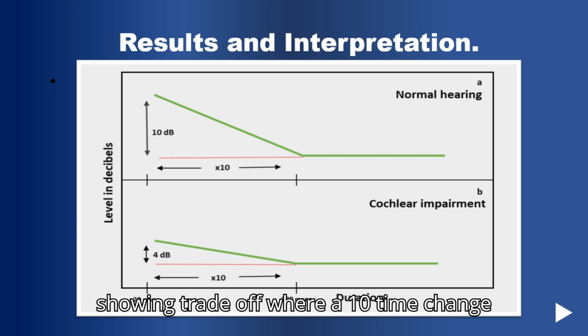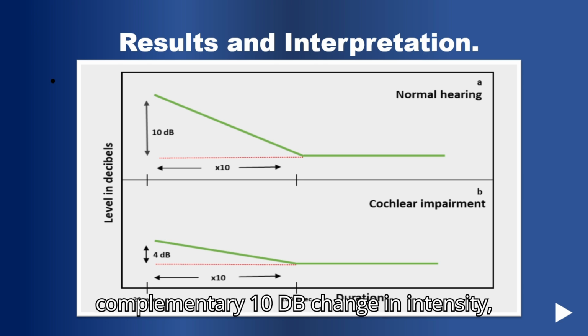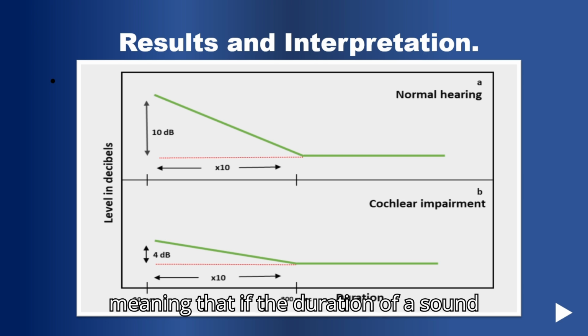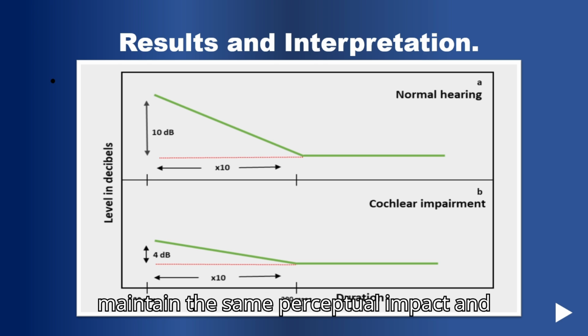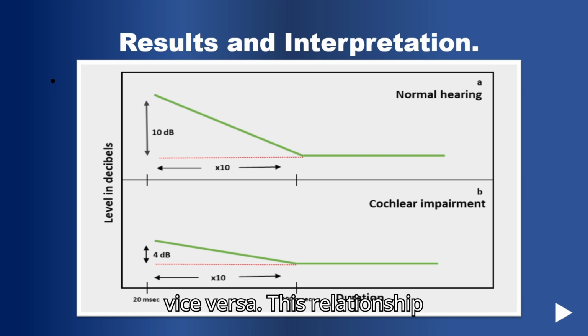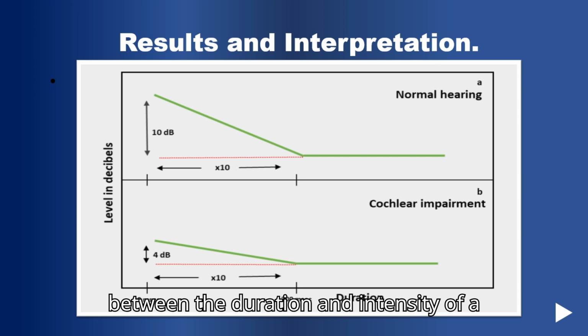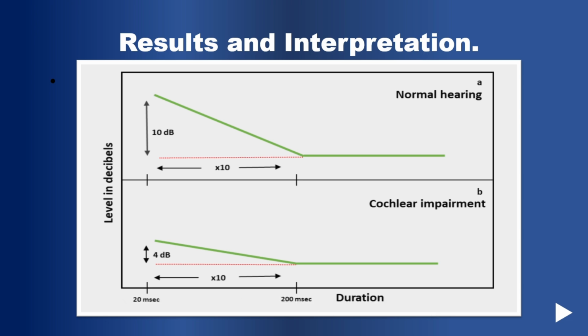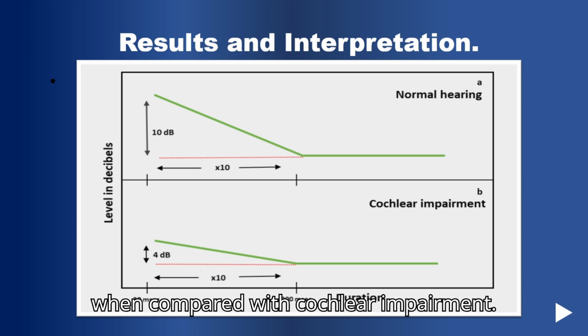This graph shows a trade-off where a 10-time change in duration can be balanced by a complementary 10 dB change in intensity, meaning that if the duration of a sound increases by a factor of 10, the intensity can decrease by 10 dB to maintain the same perceptual impact and vice versa. This relationship highlights the inverse proportionality between the duration and intensity of a sound in auditory perception. The temporal integration function is typically shallower with normal hearing when compared with cochlear impairment.